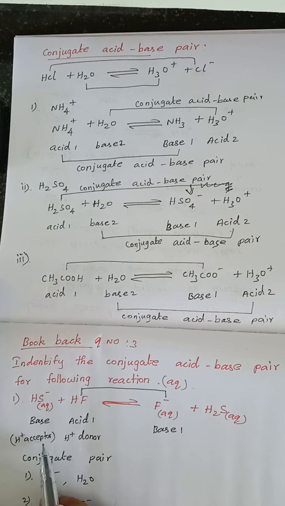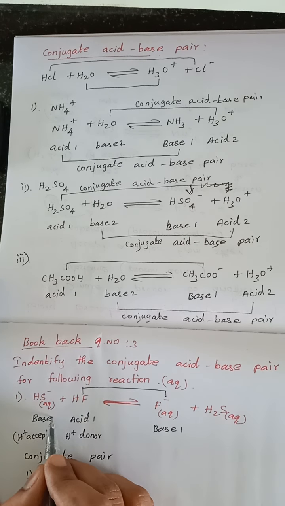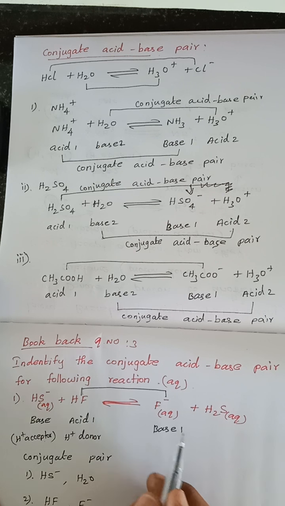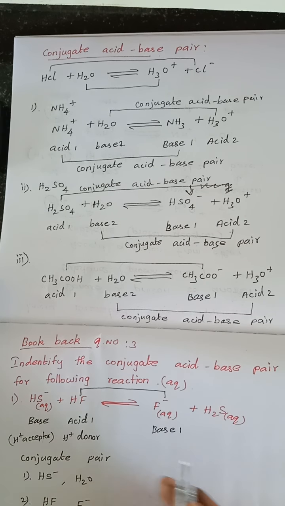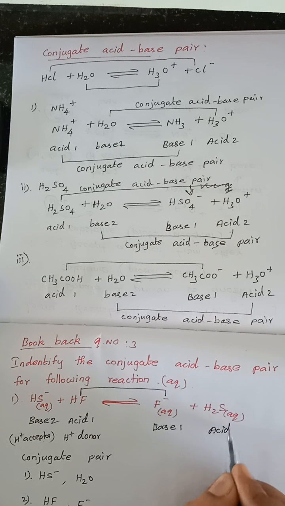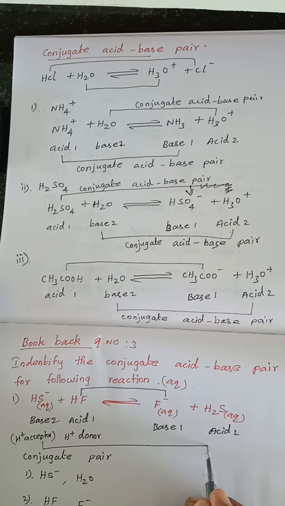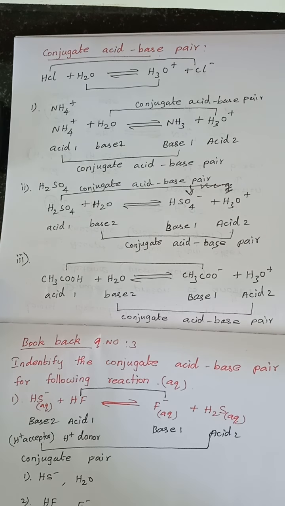Then the second one is base 2 to acid 2. The proton acceptor is base, so this is base 1, this is base 2, this is acid 2. This is another conjugate pair. So what is the next question? You write the question in your note.